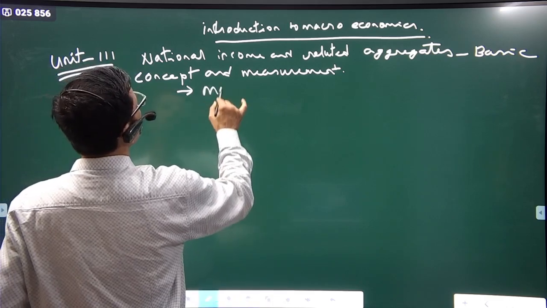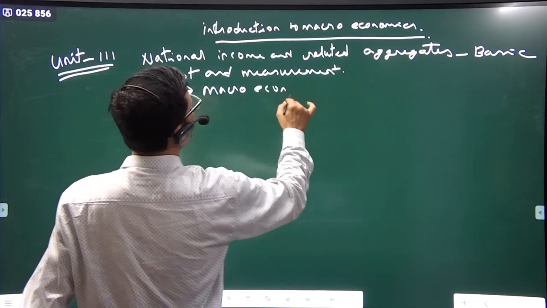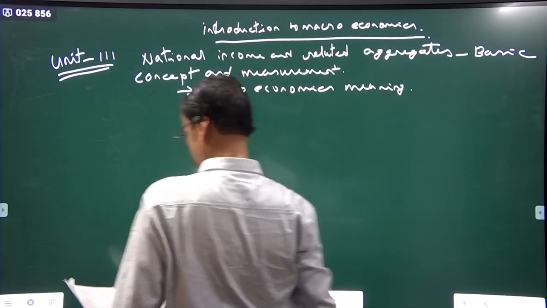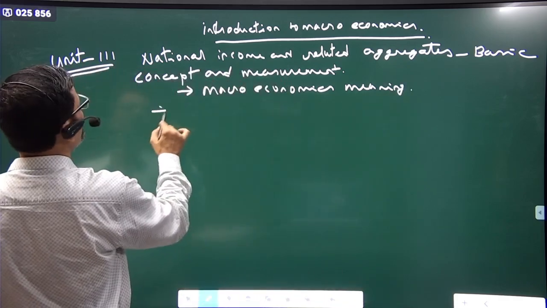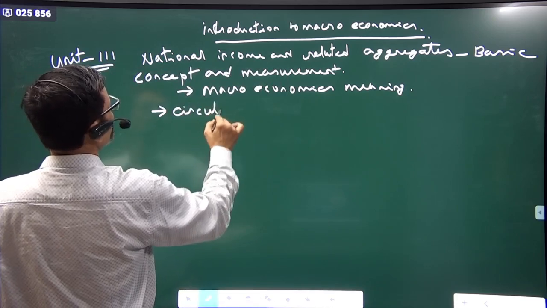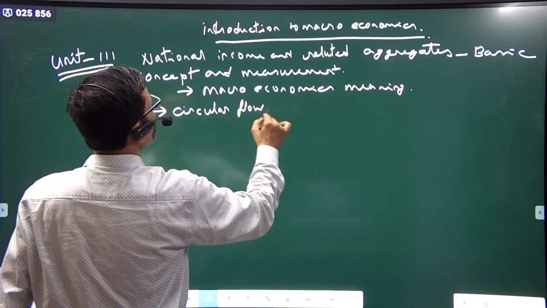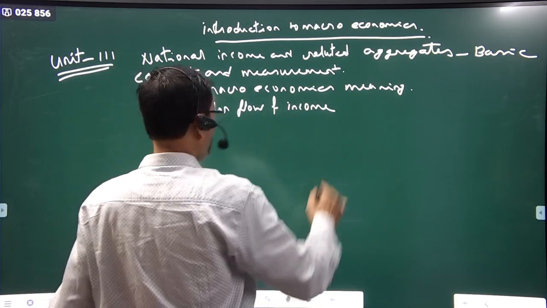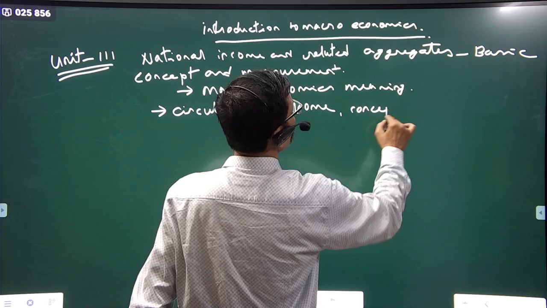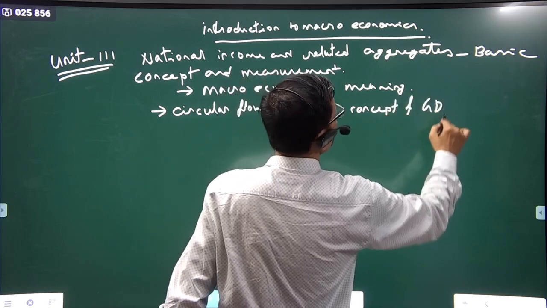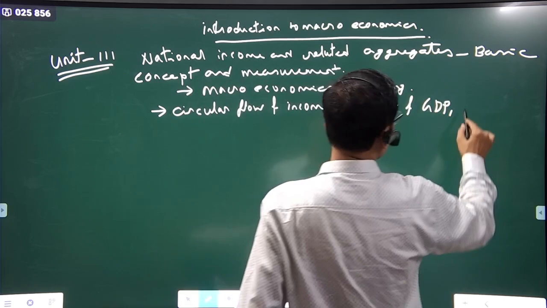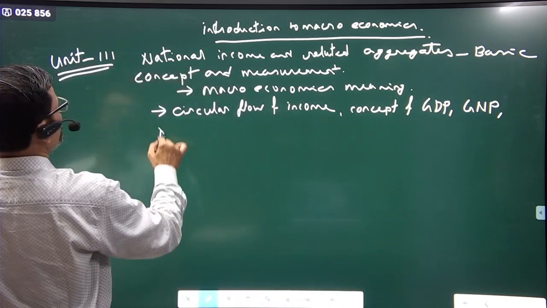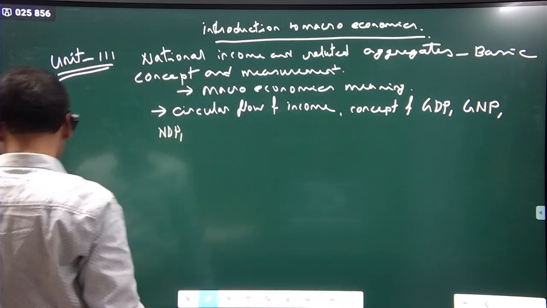Macroeconomics meaning, circular flow of income, concept of GDP, GNP, NDP, NNP.